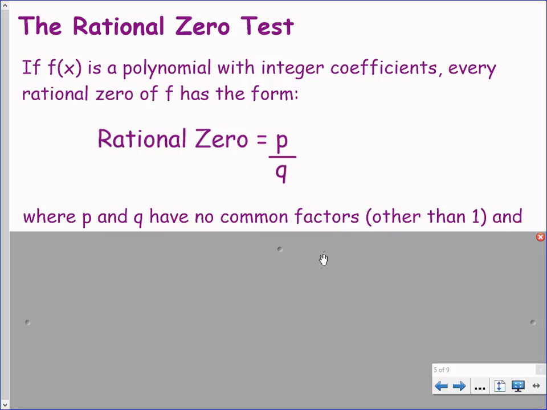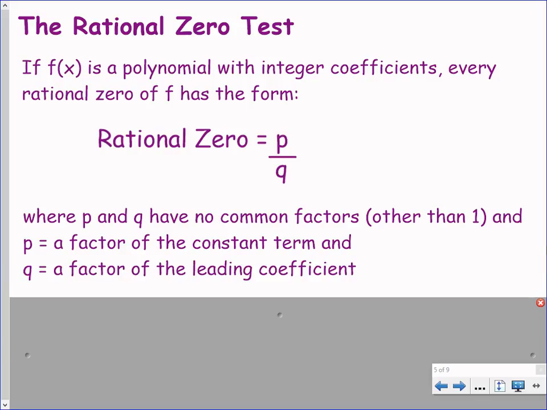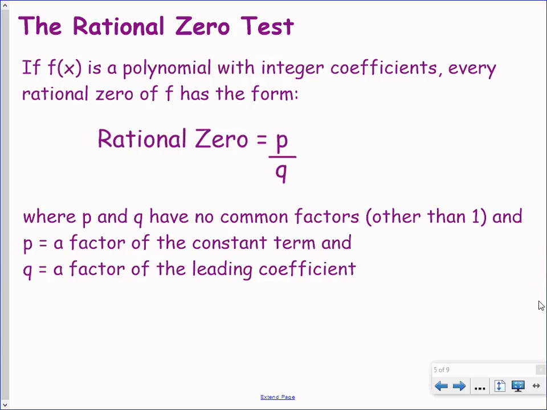So you've reduced them. They share no common factors, and p would be a factor of your constant term in your polynomial. That would be the term at the end of the polynomial that has no x, because no matter what you put in for x, it always stays the same. It's unchanged, so it's constant. And q is a factor of the leading coefficient.